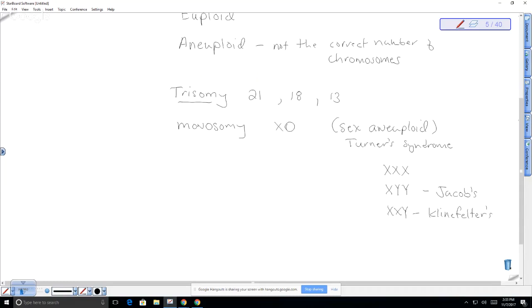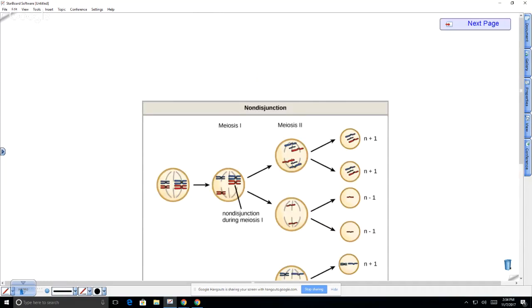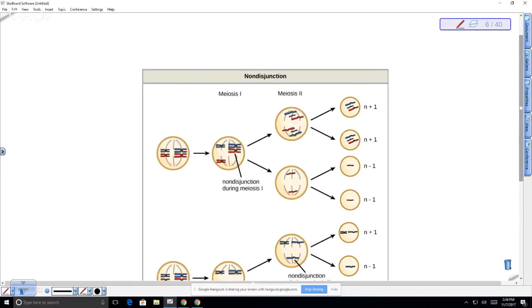Okay, so those are examples of the aneuploids, the incorrect number. If we look at how this happens during meiosis, we'll look at the mechanism, and this mechanism is called nondisjunction. Nondisjunction is where the chromosomes do not separate properly during meiosis.